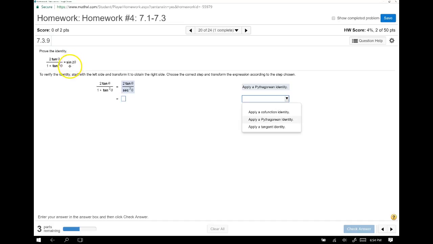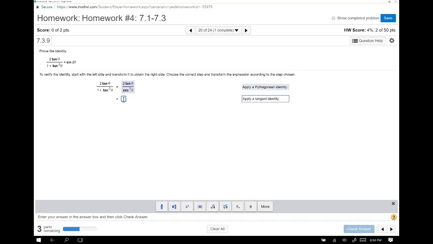And if you think about what the identity for sine 2 theta is, it contains sines and cosines. So now my objective is going to be to turn this into sines and cosines. So my tangent, I'm going to rewrite it as sine over cosine. So I'm going to have, and this sounds kind of weird, a fraction inside of a fraction. I bet they're going to want me to simplify that though.